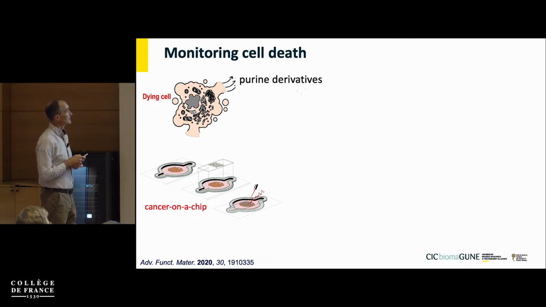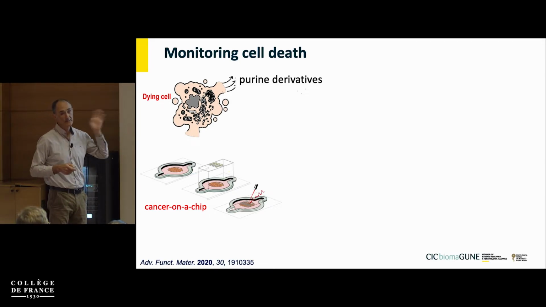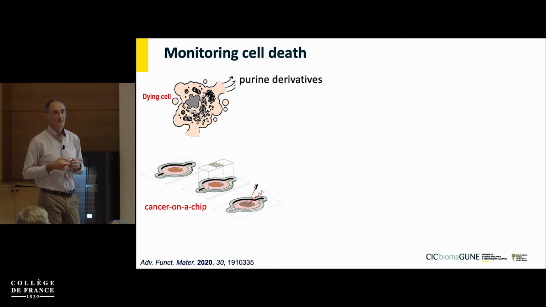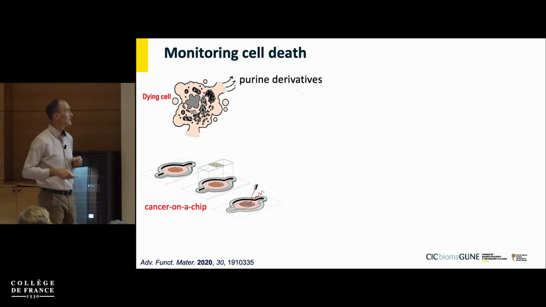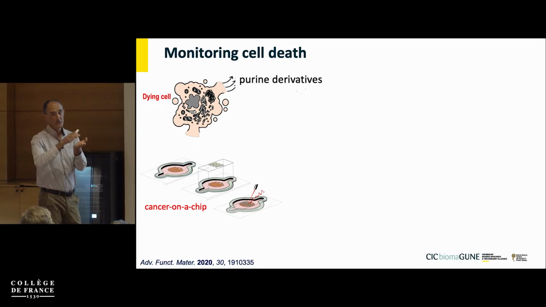To do that, Javier Plou, a student who finalized a few weeks ago and is now staying for one more year to continue this work, designed this simple cancer on a chip model where, again, the cancer cells could be cultured in the bottom of this very tiny chip. And then we could place directly our 2D supercrystal substrate on top with the particles facing the supernatant. And then we would be able to do the analysis directly in situ.